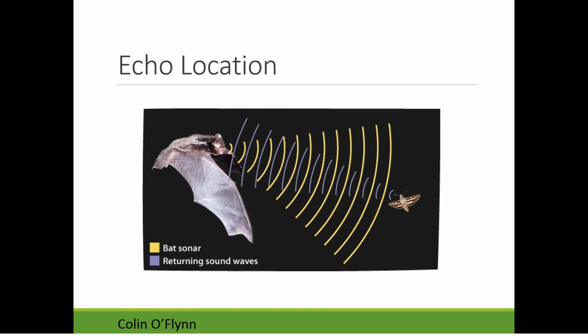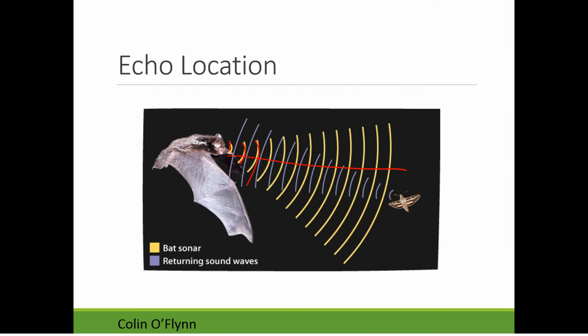The most relevant to you, and possibly the most obvious, is this idea of echolocation. Echolocation is something that animals use, even bats use it in air, and in water, dolphins with sonar. Basically, you have something that emits a burst of sound, and you can see the sound wave going out.